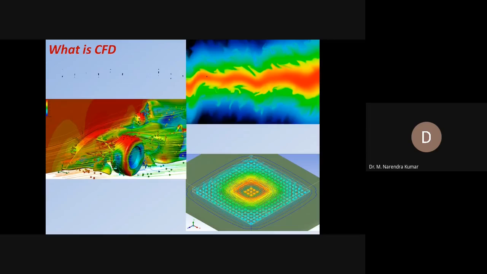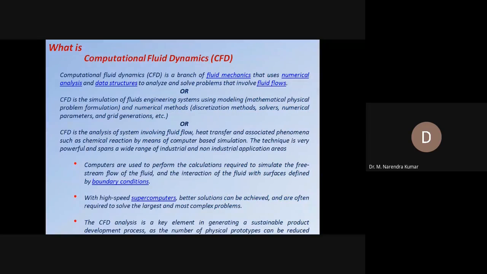So basically, we would like to know what exactly is CFD. CFD stands for Computational Fluid Dynamics. Okay, it's not colorful diagrams, it is Computational Fluid Dynamics. So you can come out with different definitions of it.